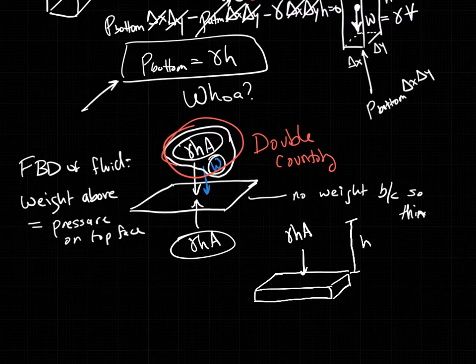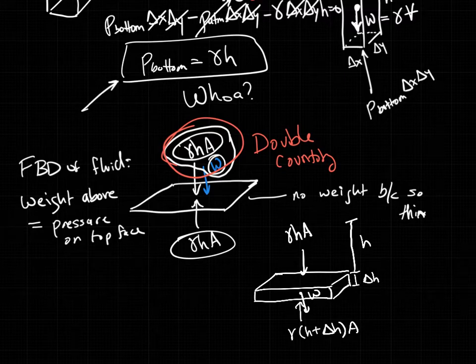Let's call this delta H. Then underneath it, this would be gamma (H plus delta H) times A. And then there would be the weight of the fluid in the block itself. That would be different.